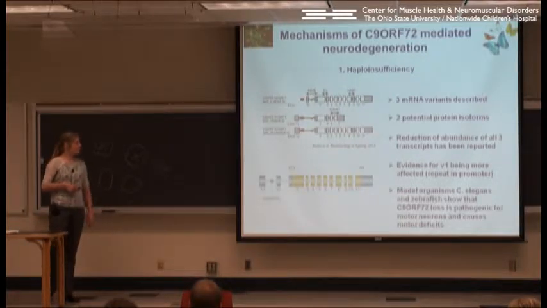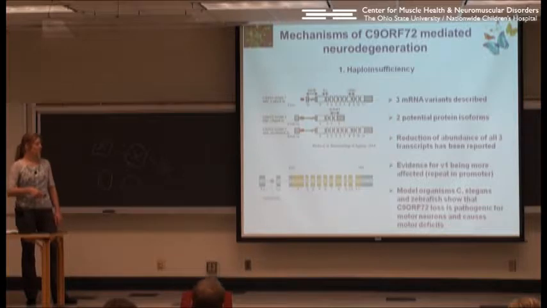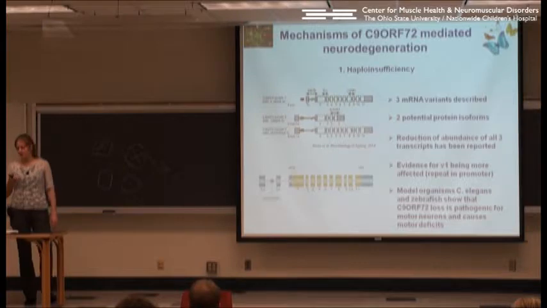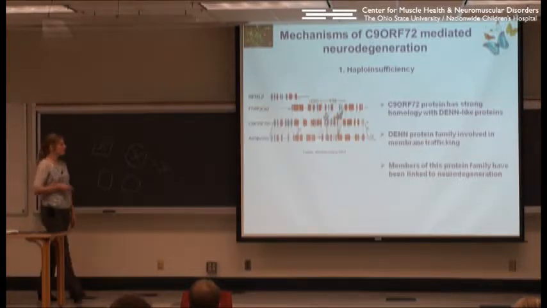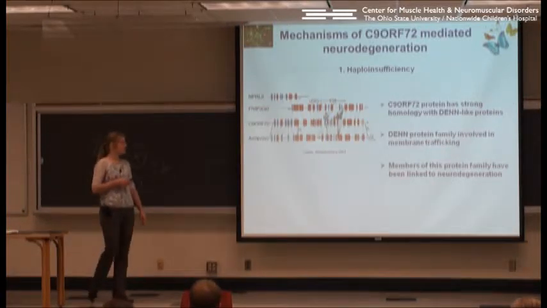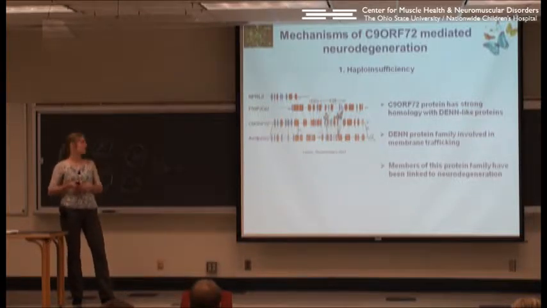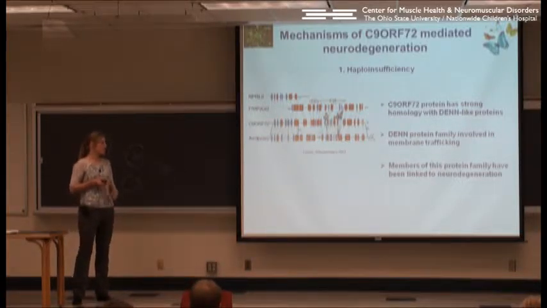And model organisms, for example C. elegans and zebrafish, show that C9orf72 loss is actually per se pathogenic for motor neurons and can cause motor deficits. Then the C9orf72 protein has a strong homology with DENN-like proteins, or is predicted to have a strong homology with these proteins.